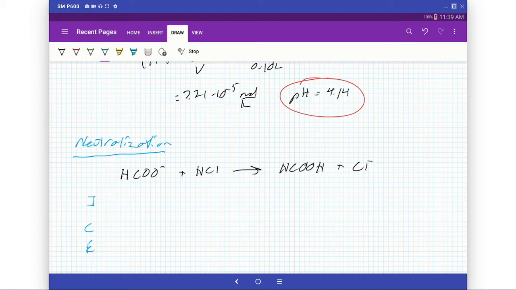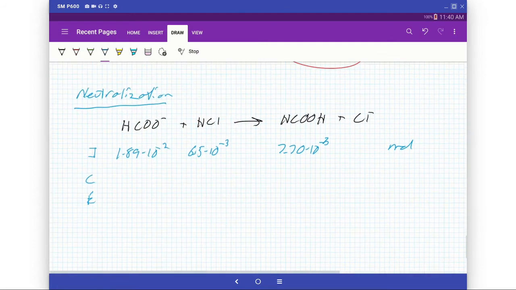Plugging in the values that we calculated yesterday, we have 1.89 times 10 to the minus 2 moles of the formate, and 7.70 times 10 to the minus 3 moles of the formic acid. What we added was 6.5 times 10 to the minus 3 moles of hydrochloric acid.